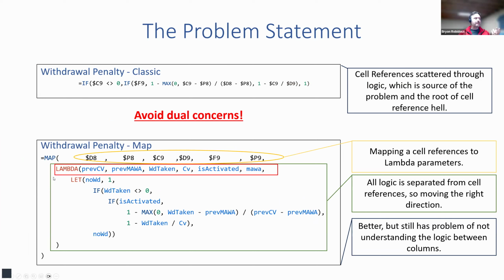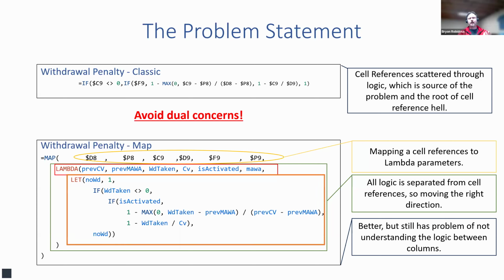So we can see here that we have a function, and in a map, it's taking each one of these cell references and replacing it and putting it into this lambda function. These are parameters to the function. And a lambda function is just that: a function. The first n-1 parameters are just the parameters of it, and then the last thing you put into it is what you want it to do. But now we've solved the problem because we've separated them apart.